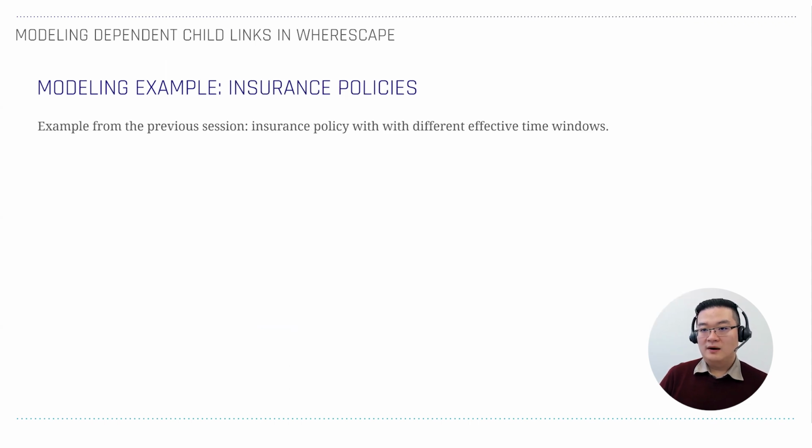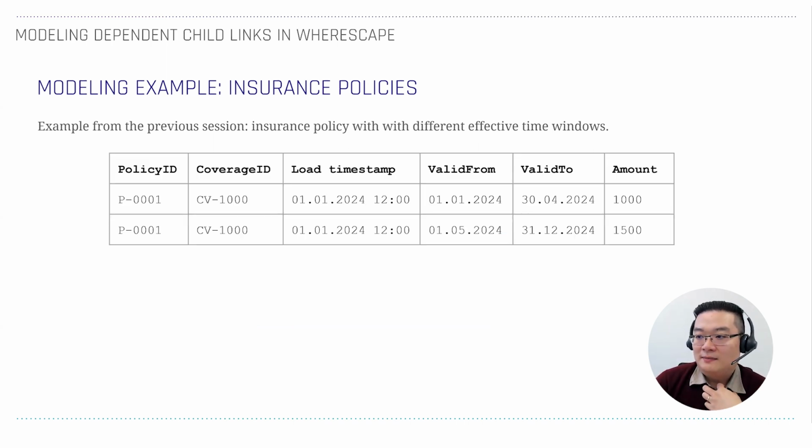Now, going back to the insurance policies example, we have valid from and valid to, two timestamps, and then you have an amount. And we also have an alternative key. Let's say it's valid from, together with policy ID and coverage ID.